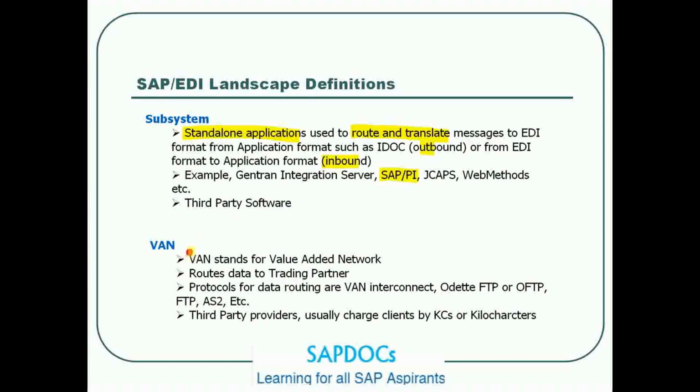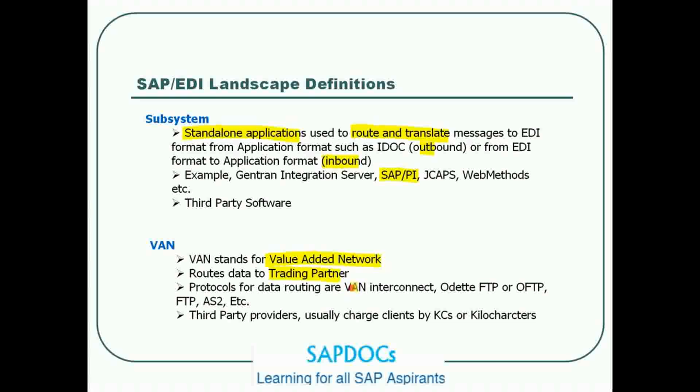The last component is the VAN. VAN stands for Value Added Network. The main function of the VAN is to route the data to the trading partners. We already discussed the protocols used to route the data.